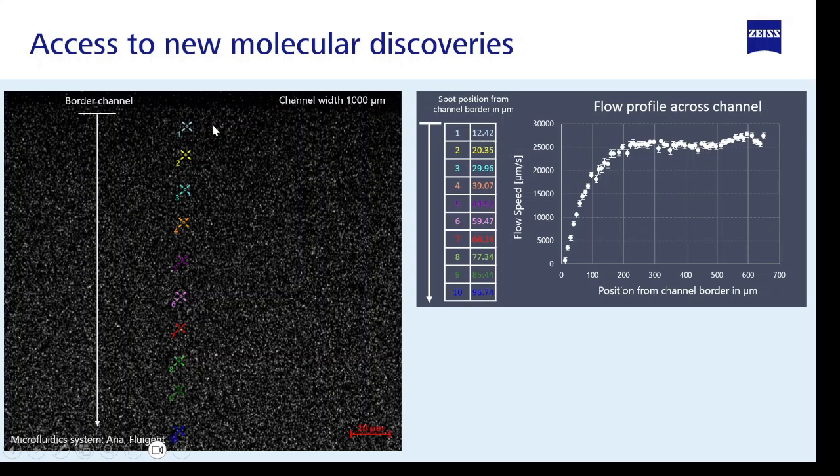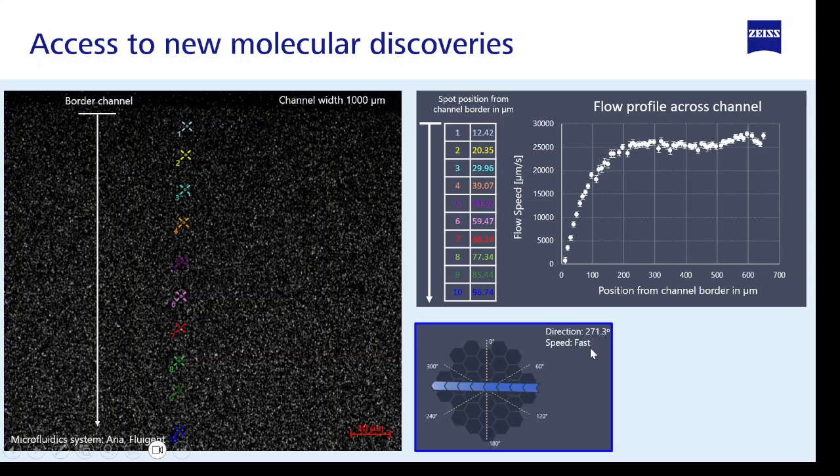We can see at the border the flow speed is relatively slow. At the center, the flow speed is relatively high, and you can draw the flow profile along the channel.